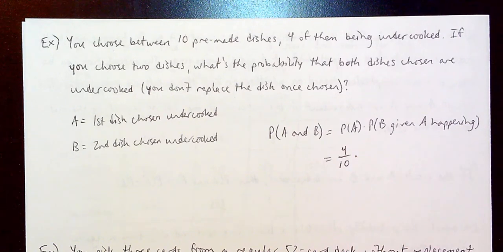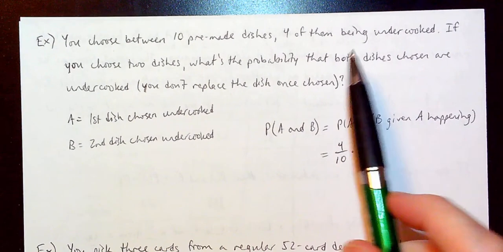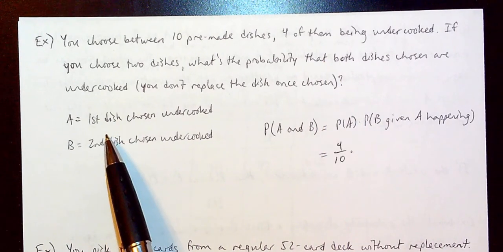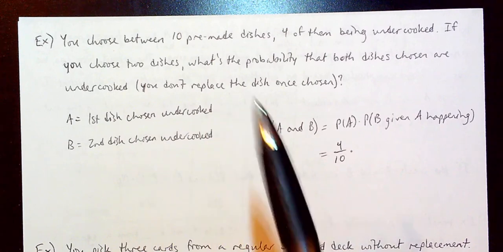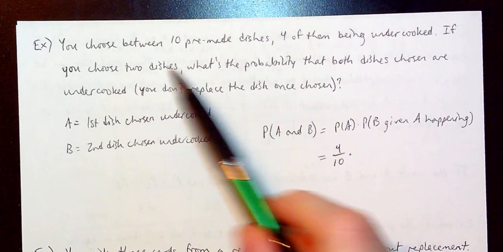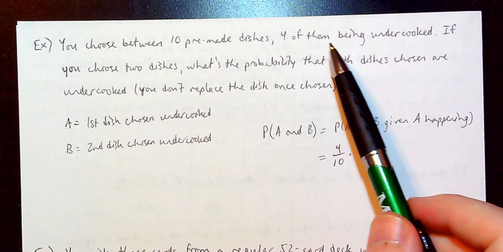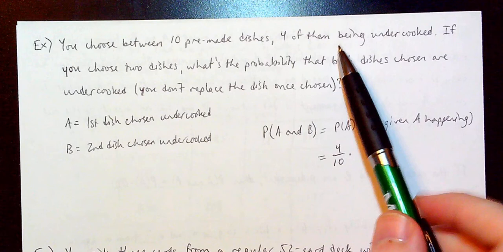Now, the probability of B happening given that A happened. What's the probability that the second dish we choose is undercooked given that we've already chosen a dish that is undercooked? Well, after picking one dish that was undercooked, there are now 9 pre-made dishes left, and now there are 3 dishes that are undercooked.